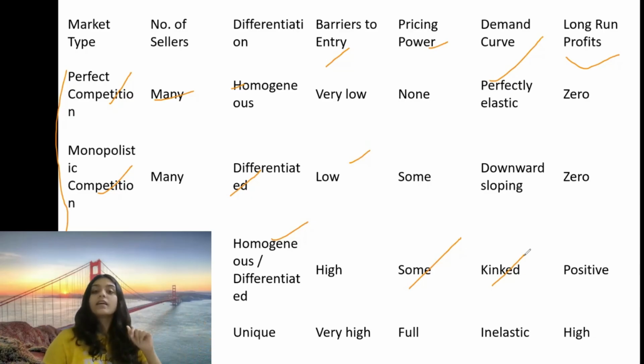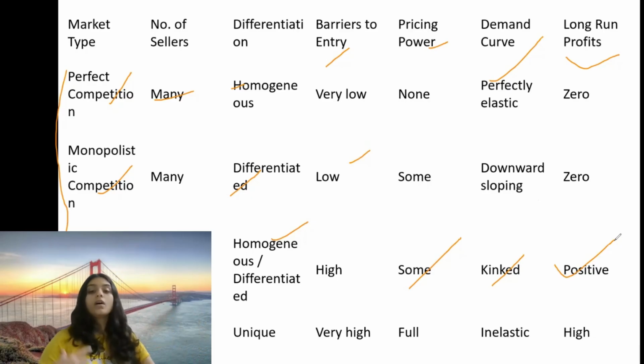So this creates a kinked demand curve. Now, a demand curve is usually like this, but a kinked demand curve is like this. And this junction is called a kink. Okay. Now, in long run, the profits are positive, not much, but positive.